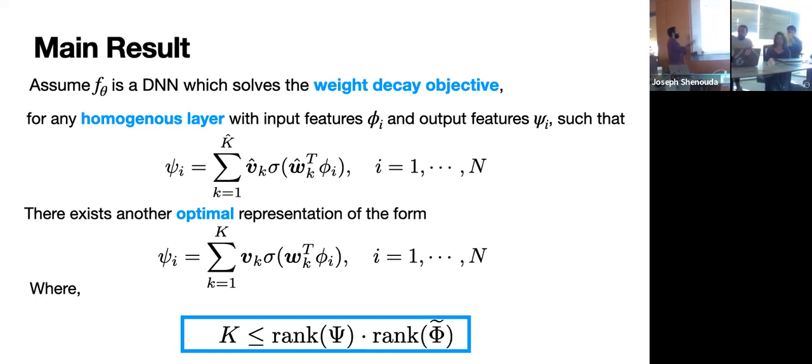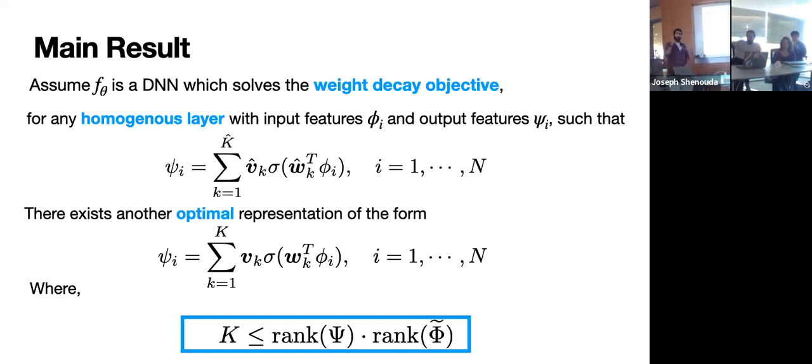Okay, so this comes by instantiating the result from the multitask lasso problem onto the neural network case. So a couple remarks on this result. First, what we're saying is we can get a neural network that gets you the same loss or the same representations for every single training sample, but not exactly the same function.